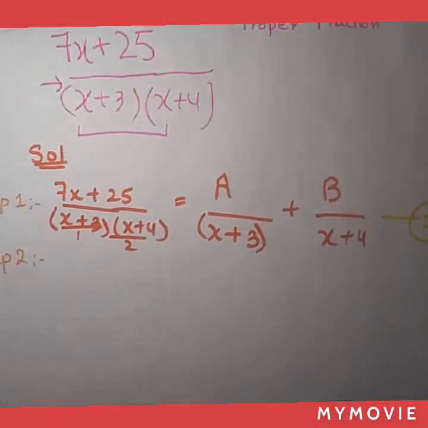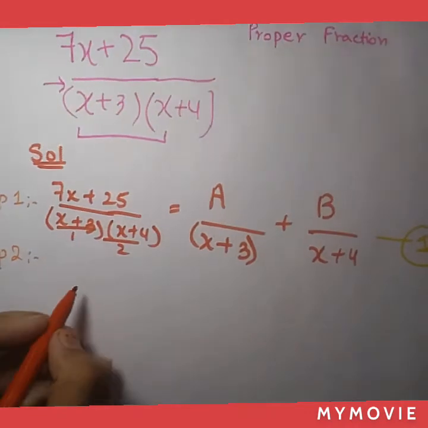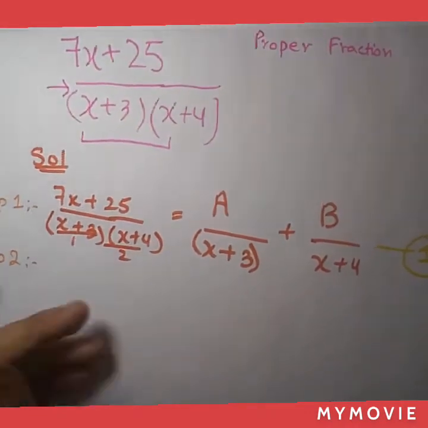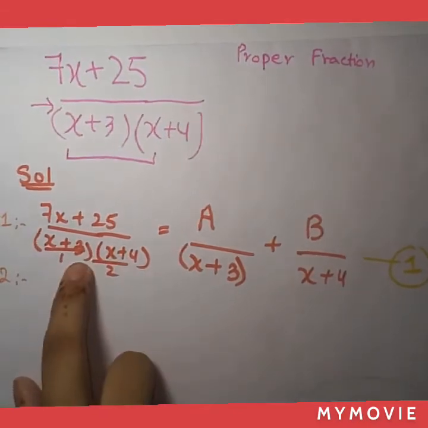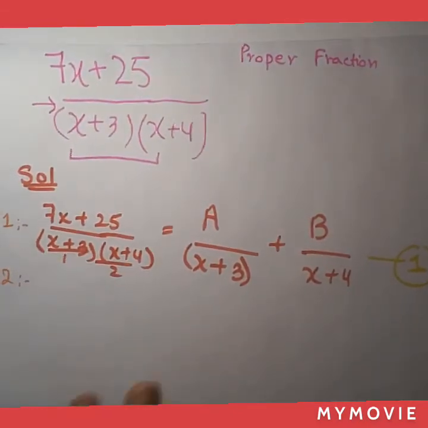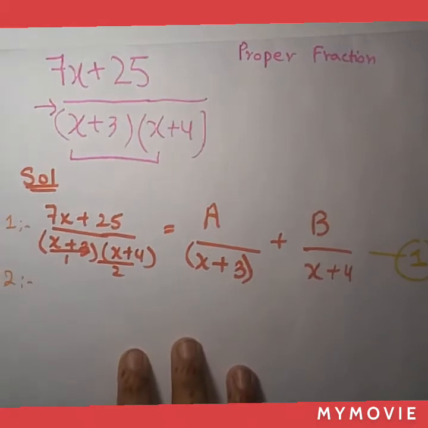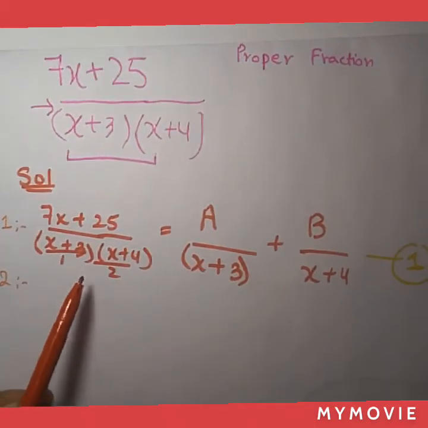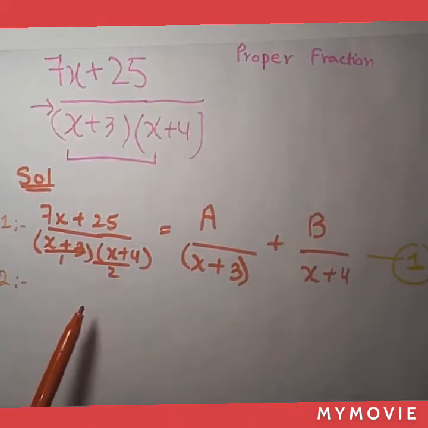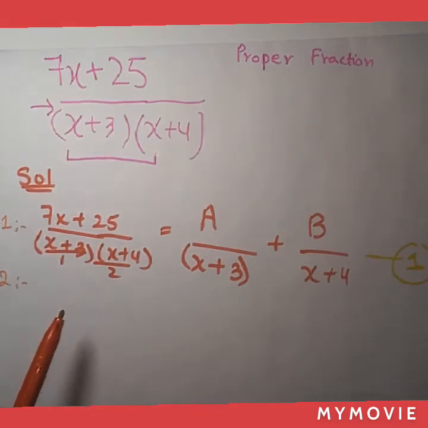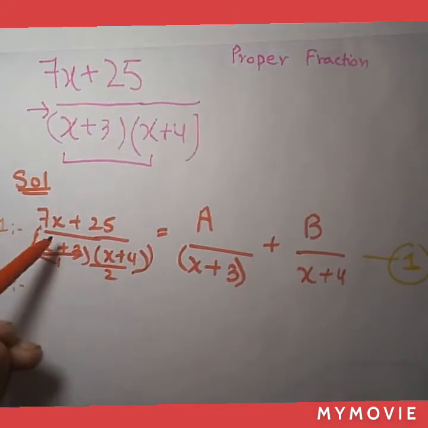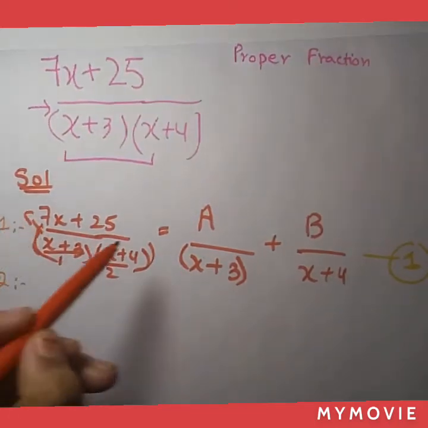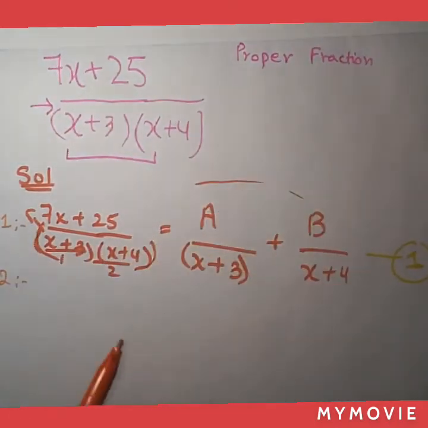The second step that I will follow is to multiply the denominator of the left hand side to both sides. Which is the denominator of the left hand side? This is the denominator. We have to multiply it on the left hand side and on the right hand side.